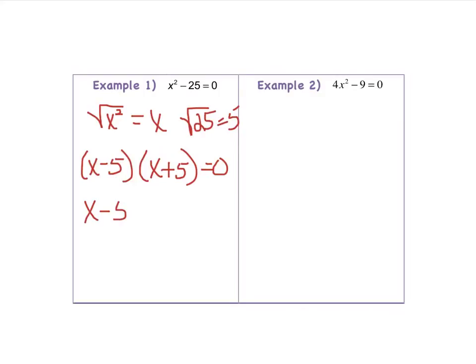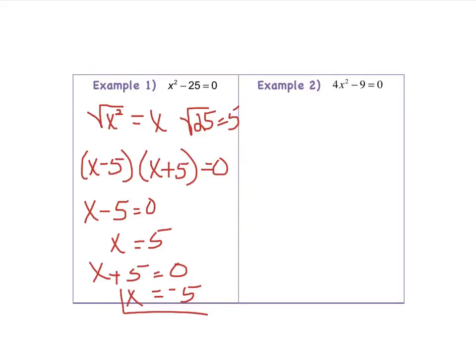So we have x minus 5 equals 0, and we add 5 to both sides so that x equals 5. Then we also have x plus 5 equals 0, subtract 5 from each side, and x equals negative 5. So those are our two solutions. Remember, you can check this by plugging each of these in for x to see if it makes the equation true. If it does, you have the right answers.